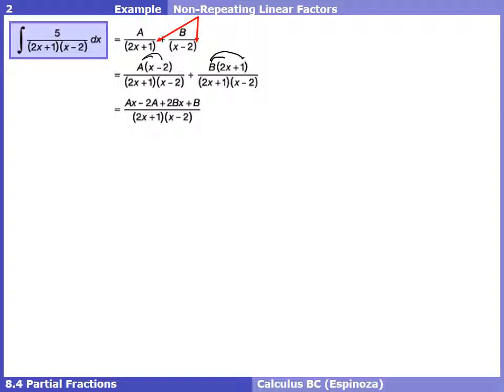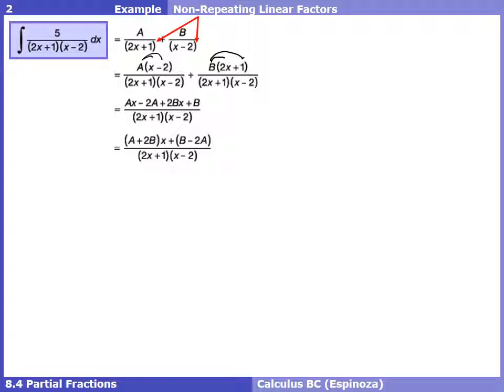Remember, A's and B's are constants. Anything with an x would be an x term. So we have our two x terms, which would be (A plus 2B)x, and we have our two constant terms of B minus 2A, all divided by, again, our common denominator.